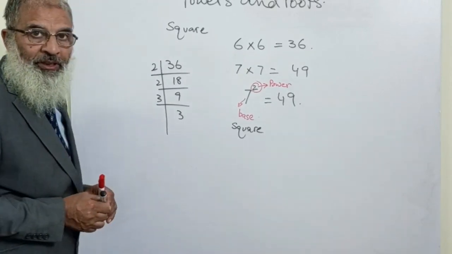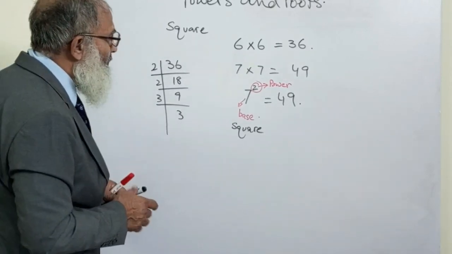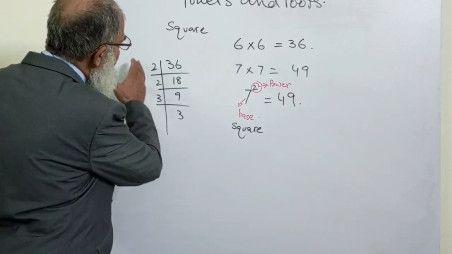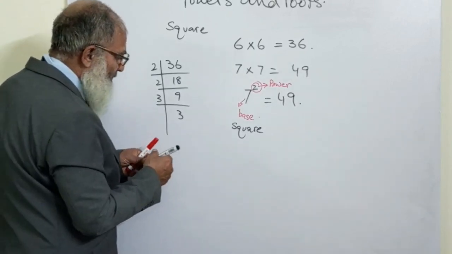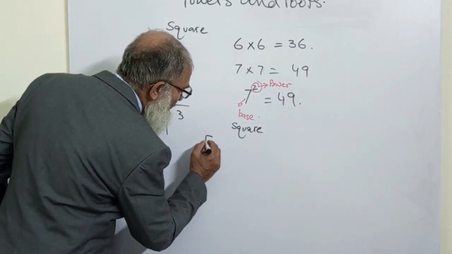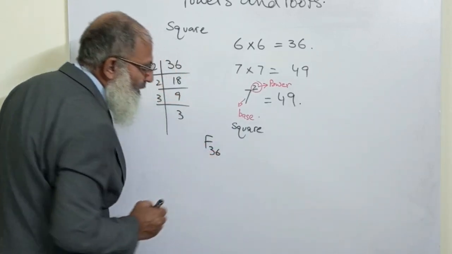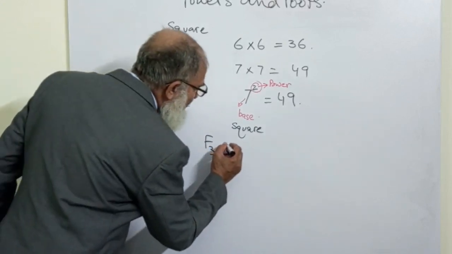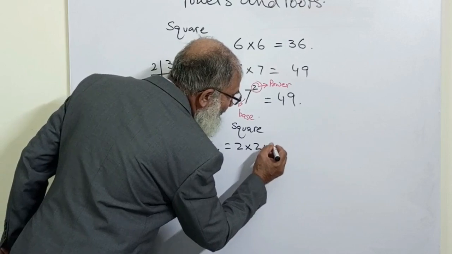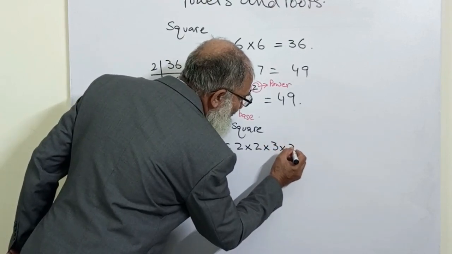So my dear students, now what we do, like in LCM, like in HCF, we just write the factors of 36. We write the factors of 36, and those are 2 multiplied by 2 multiplied by 3 multiplied by 3.